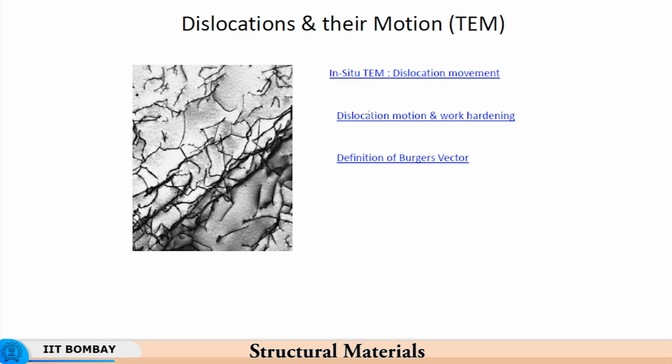So it's very important to understand the dislocation motion and how these dislocations multiply and interact to cause what is called work hardening. What we call work hardening is the outcome of interactions between dislocations. I told you that edge dislocations are constrained to slip along a single plane.